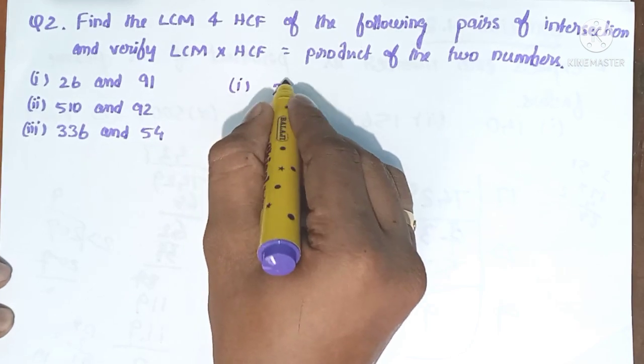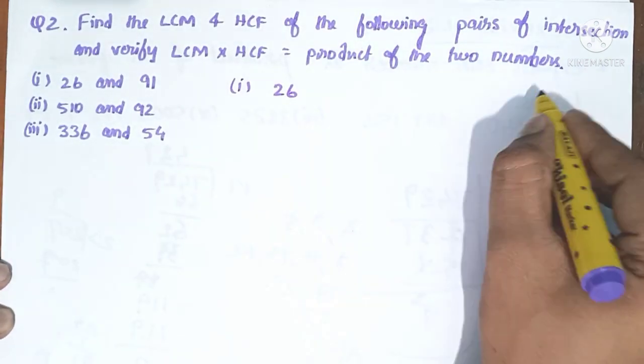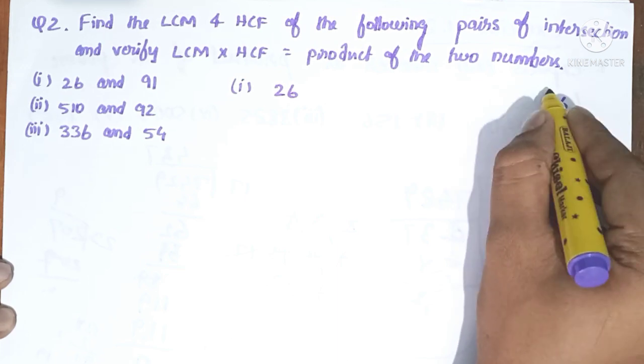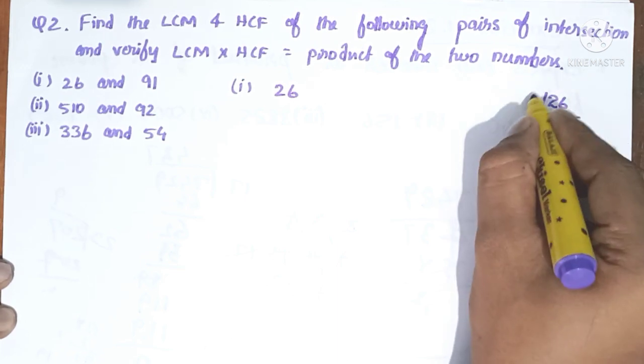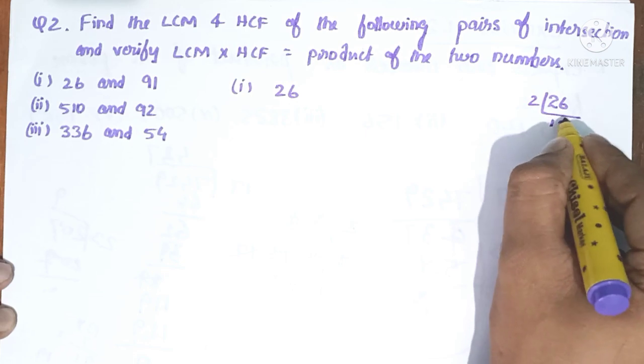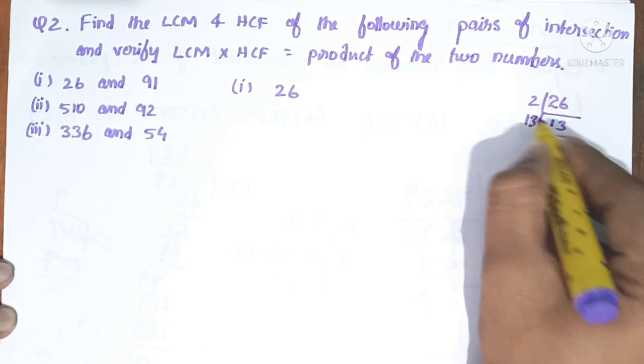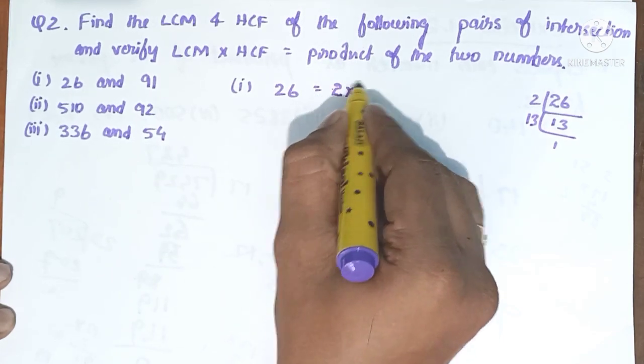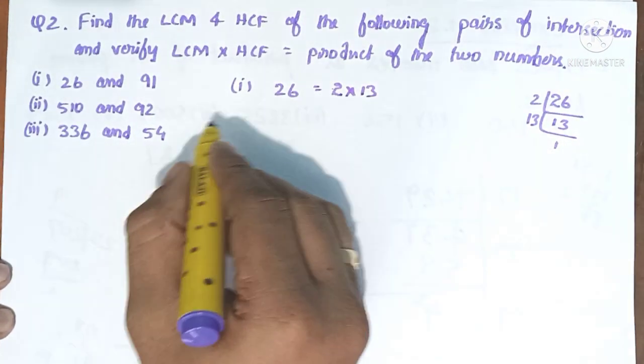First one, 26. We have to do the prime factorization of 26. 2, 13, 13, 1. So we can write 26 as 2 into 13.